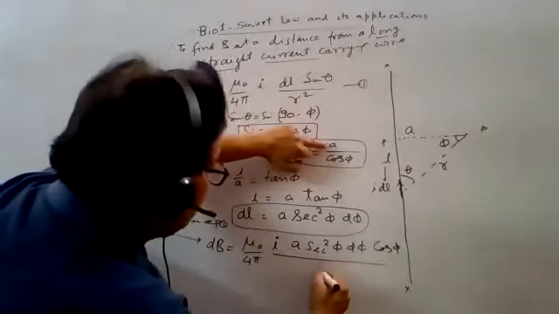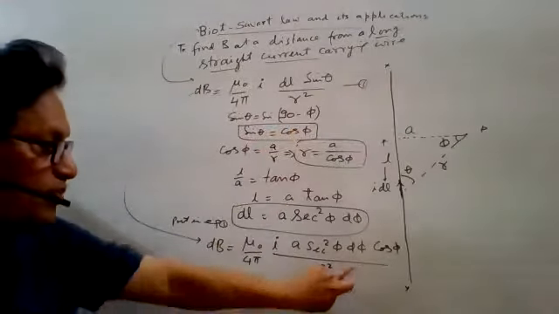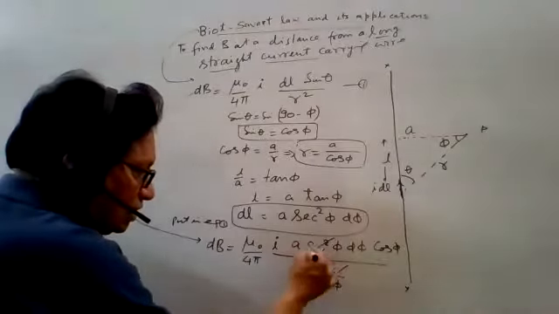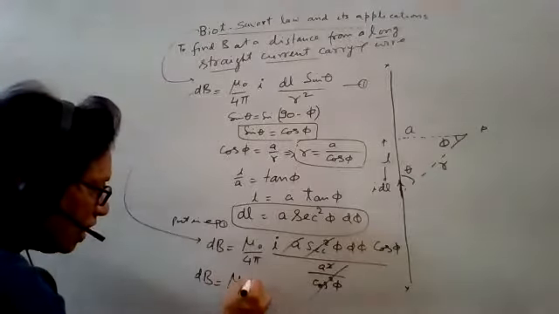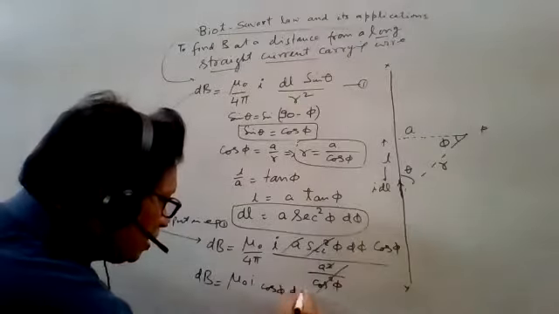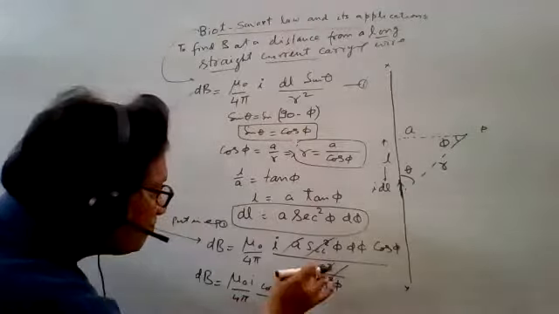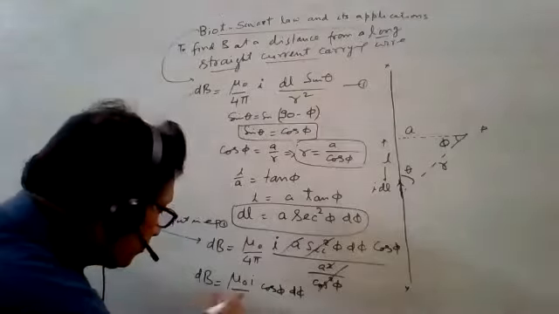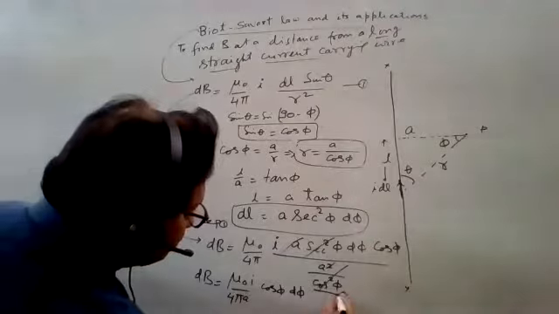R will be squared here, so A square upon cos square phi. Now 1 upon cos means sec, so you can cancel this with this, and A can be cancelled out. Now what is the remaining here? dv will be mu naught I cos phi d phi upon 4 pi A. Let us say this equation is 2.